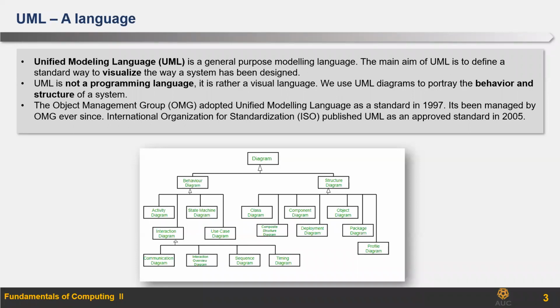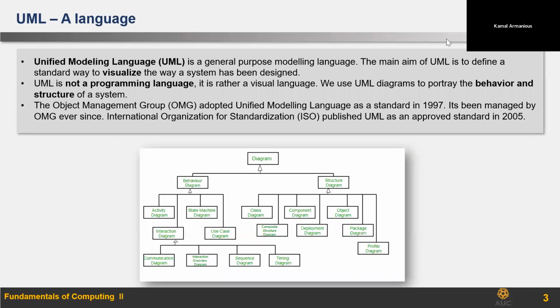He will use it to put my requirements into a use case diagram. And then Adham will start designing the house.